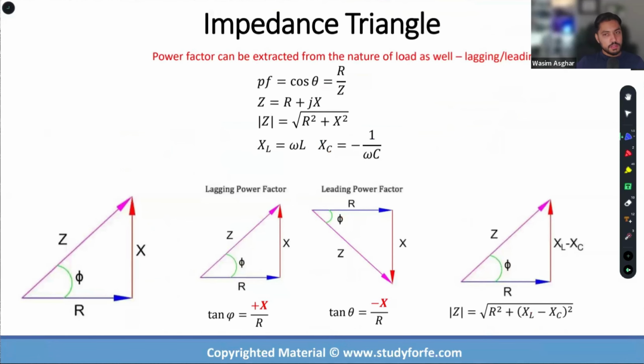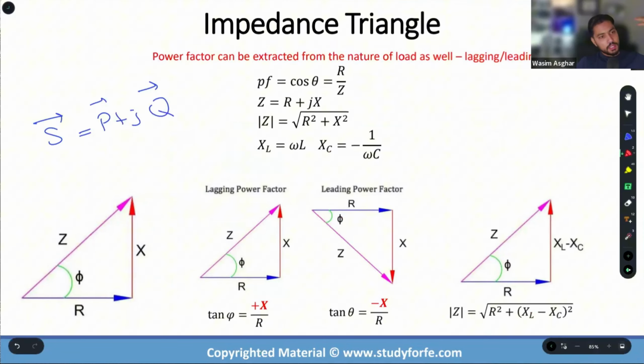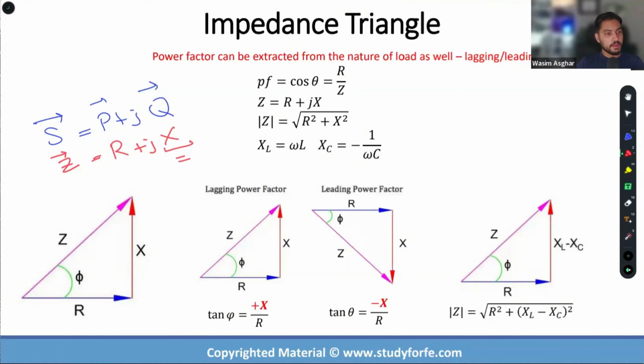The impedance triangle is another way to thoroughly understand power factor. When we are looking at complex power, P plus jQ, if we peel the layer of this onion, we have impedance, a catch-all for real resistive load R plus jX for our reactive load.